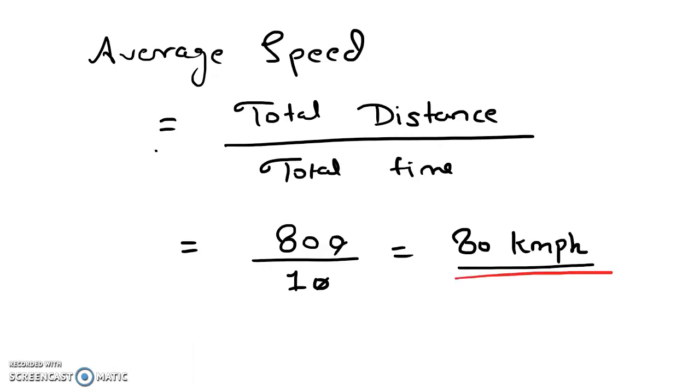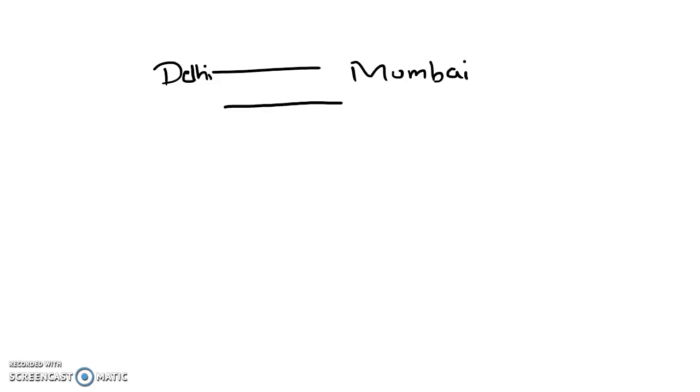Now let's change the question, and I ask you something in some other form. Say for example, you go from Delhi to Mumbai, and then come back from Mumbai to Delhi.